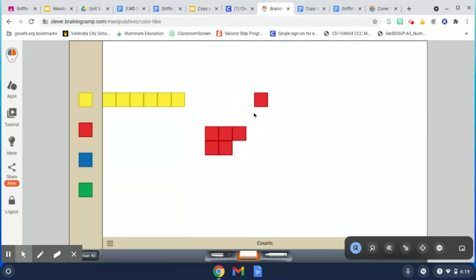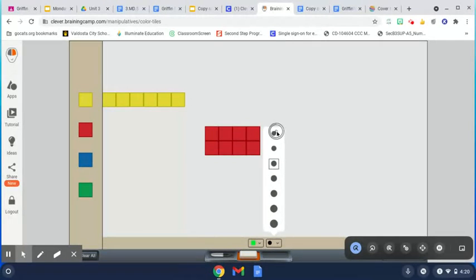This one in red has an area of 6 square units as well. So you have 6 square units here, and I can label it. Area.